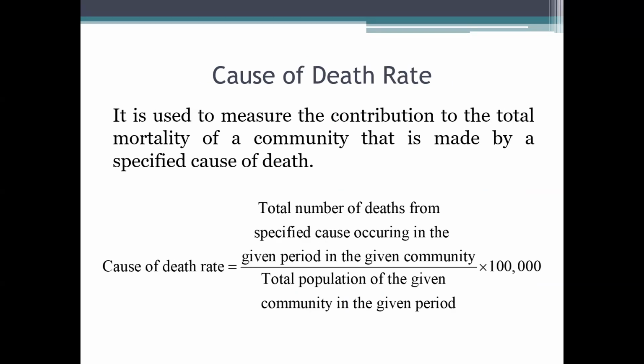Cause of death rate. Here, the formula: the total number of deaths from a specific cause occurring in the given period in the given community is divided by the total population of the given community in the given period and multiplied by 100,000. This is the formula for cause of death rate.